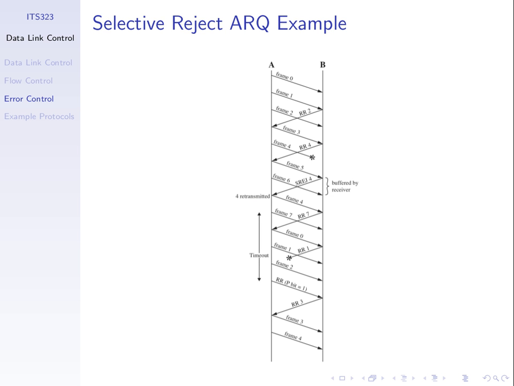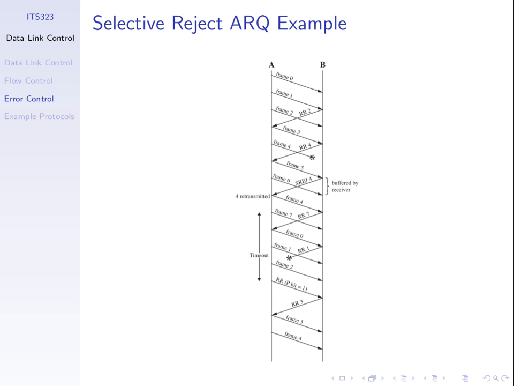So the difference between go back N and selective reject is that with go back N, after a lost frame, subsequent frames are discarded. We do not store them in memory at the receiver. That's simple for the receiver. With selective reject, after a lost frame, frame 4, subsequent frames are buffered or stored in memory at the receiver. That requires more memory at the receiver. The benefit of this is that A only needs to retransmit frame 4.